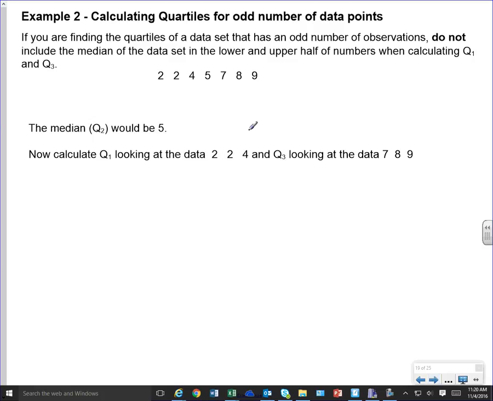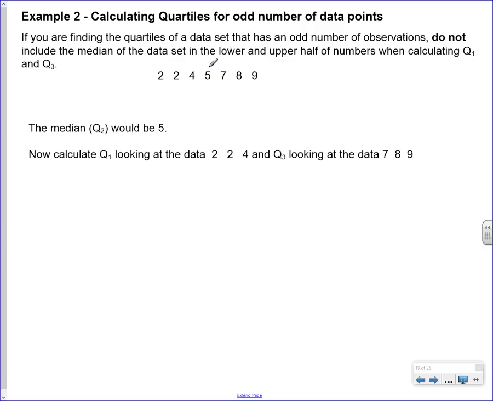Okay, and then just as a side note, if you happen to be calculating quartiles by hand and your data set has an odd number of observations, this would be our median, 5 falls right in the middle. Once you calculate the median and you're trying to separate your lower half and your upper half of numbers, sometimes students can get confused with that.